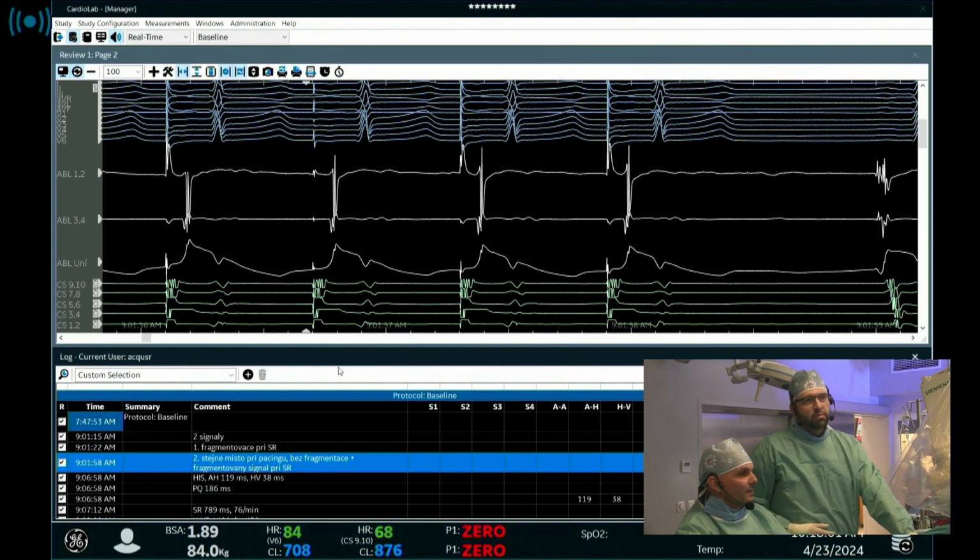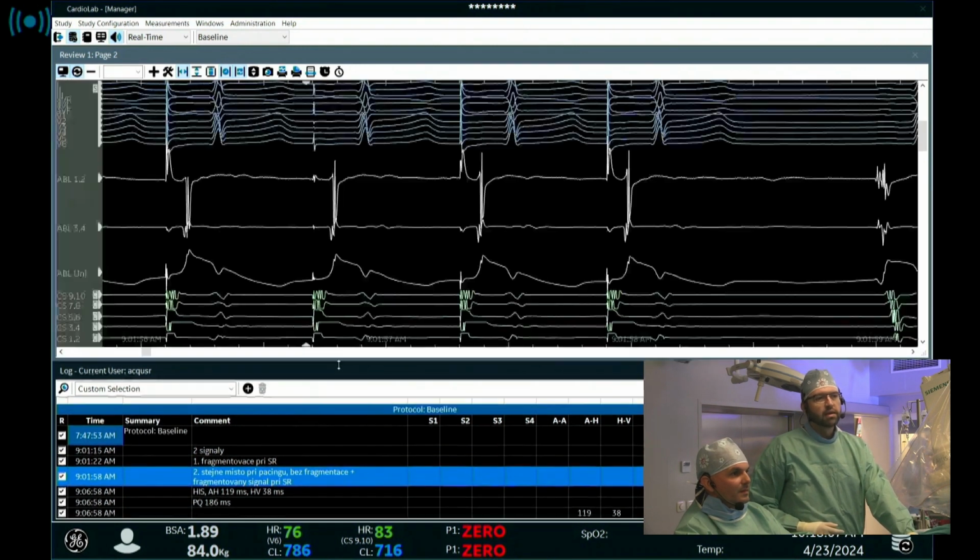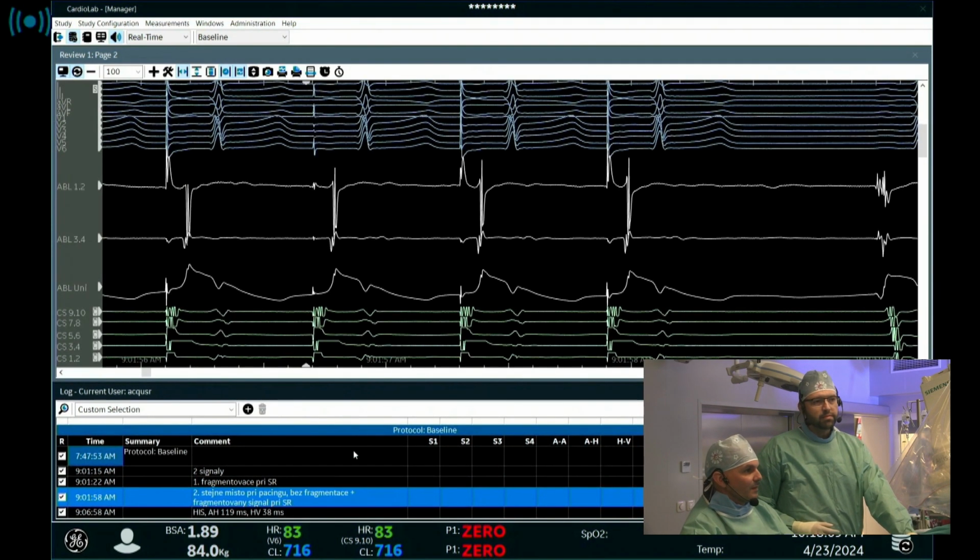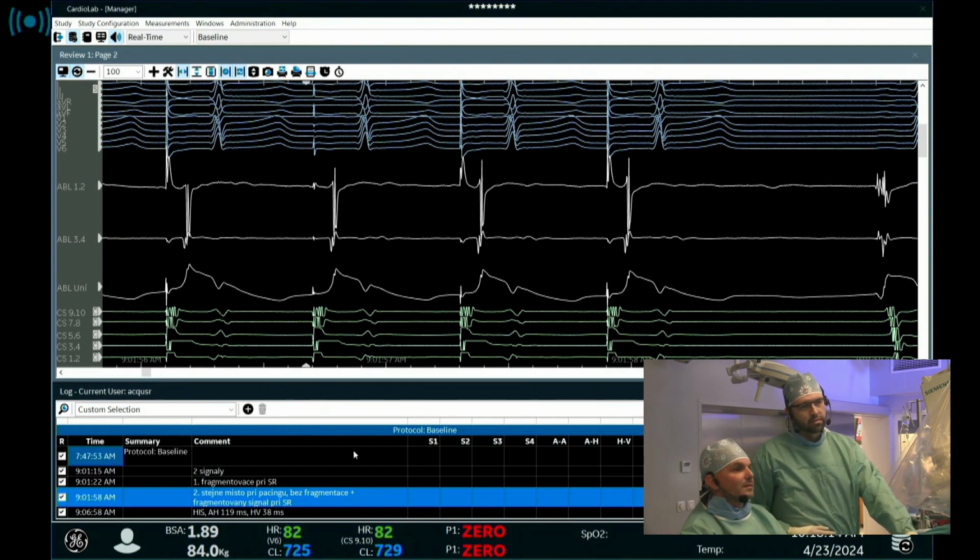So we believe that fragmented signals are not the pure sign of the presence of GPs. When you use a bipolar catheter, bipolar recording is dependent on the activation wavefront, and you just change the activation wavefront, you have a completely different signal at the spot.